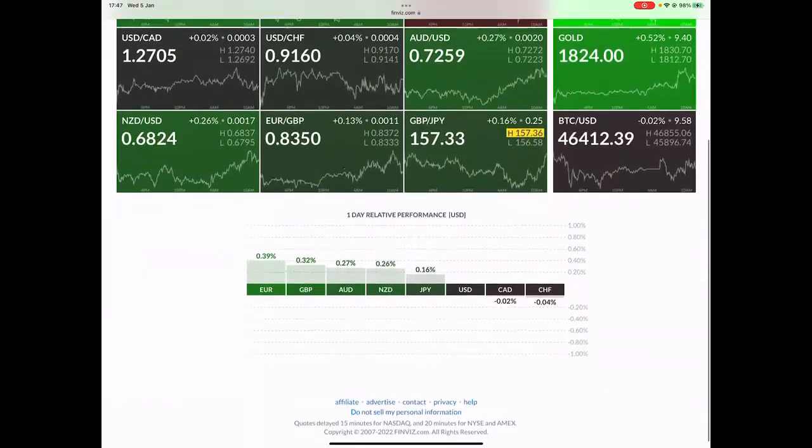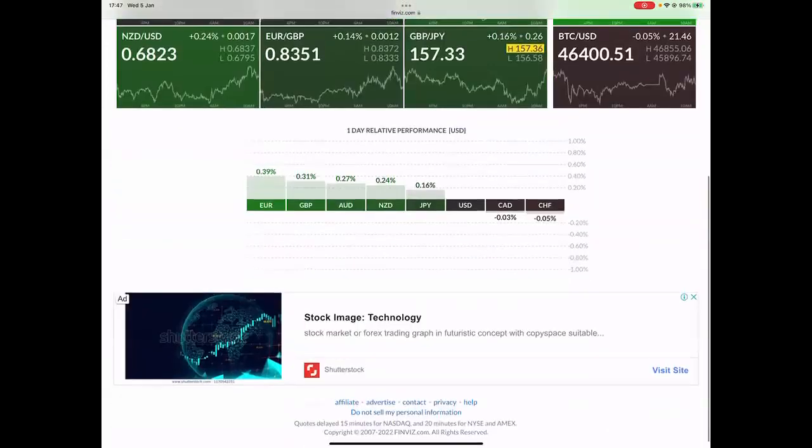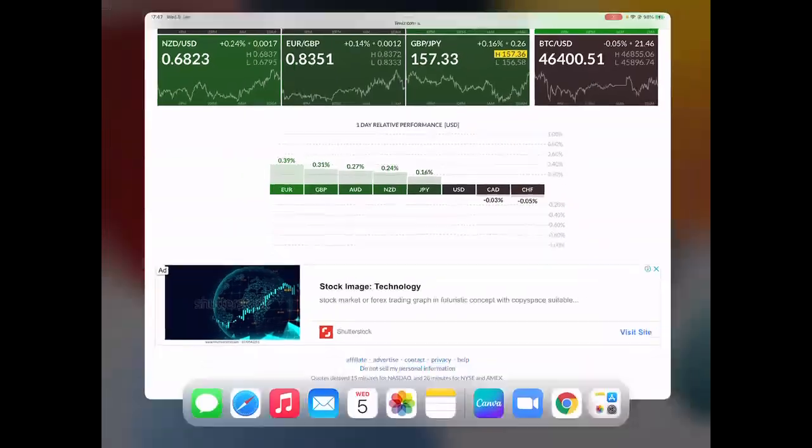On FinViz, what you want to check is the relative performance. Please, in my class, always write notes. I don't take students that do not write notes. Check relative performance.